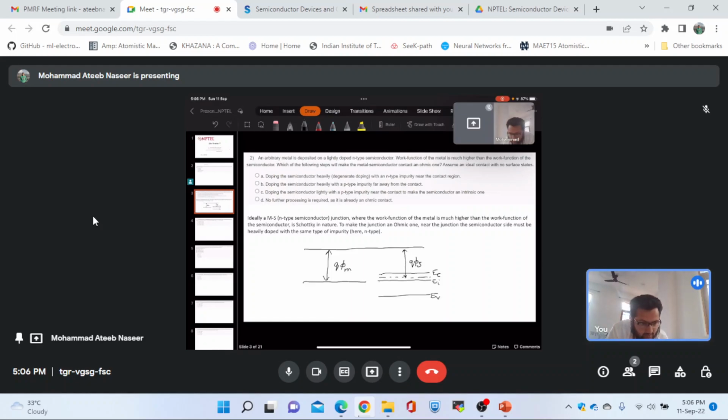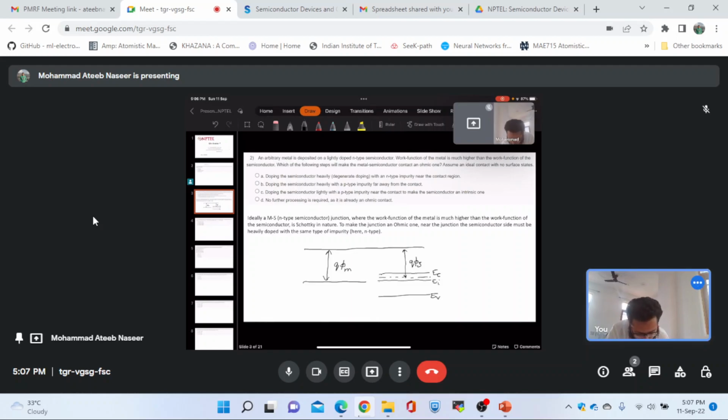Since the metal is already a sea of electrons, there will be minimal or no band bending on that side. But on the n side we will have band bending, with a lower concentration of electrons at the surface as compared to the bulk. So we will get a Schottky contact in that case.